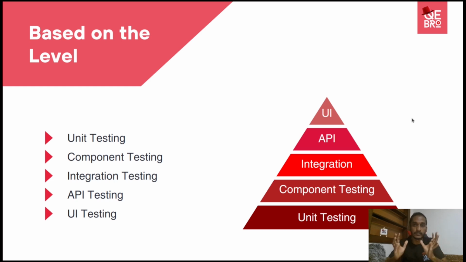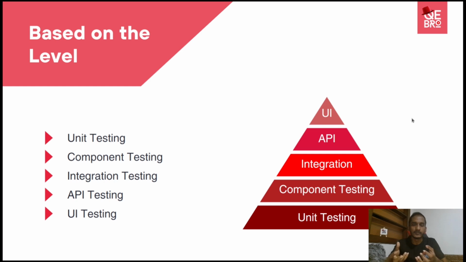So if you take our whole application and break it into different parts, the whole system we have, then from the whole system we can maybe break it into a few components. Those components we can break into a few more components, and these components we can break into smaller units. Let's take the bricks we used to play with in our childhood, or the Legos.